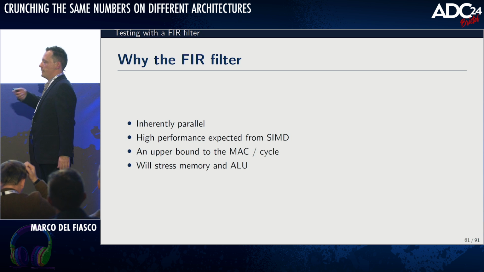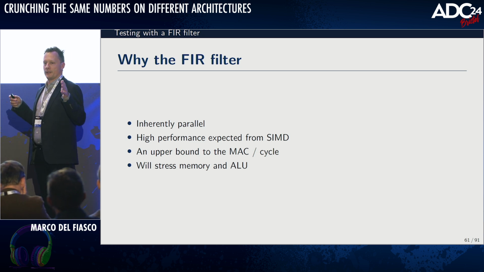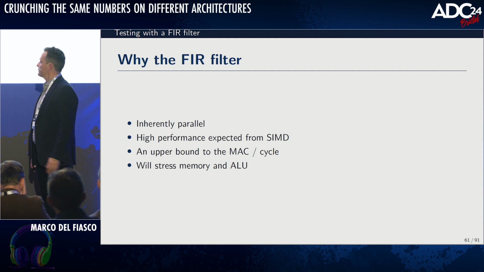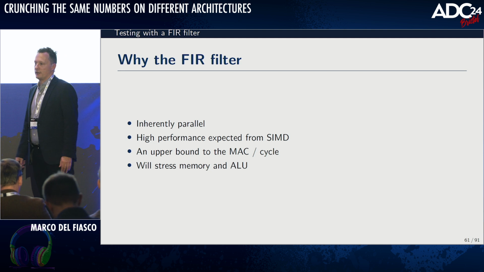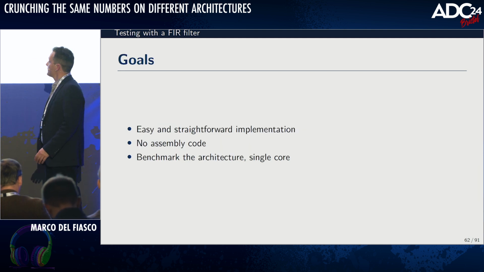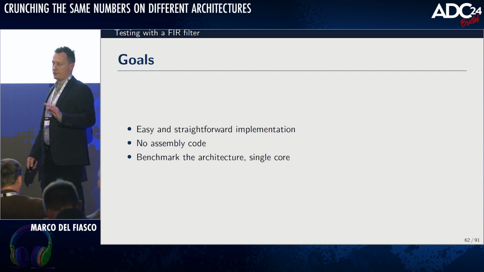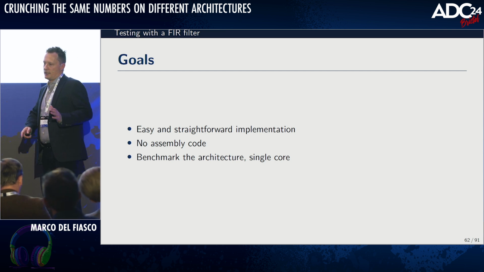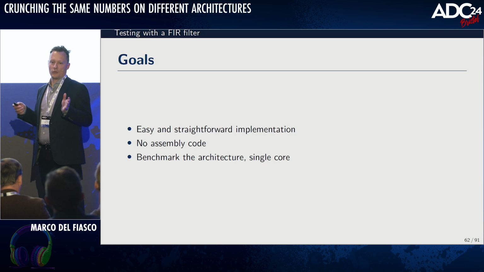It will give me feedback on the upper bound of multiply-accumulate operations per cycle that I can get from an architecture. And it will stress the memory and the arithmetic logic unit. Goals of the implementation: easy and straightforward, no assembly, please. And I benchmarked the architecture, so I was doing only single core testing.